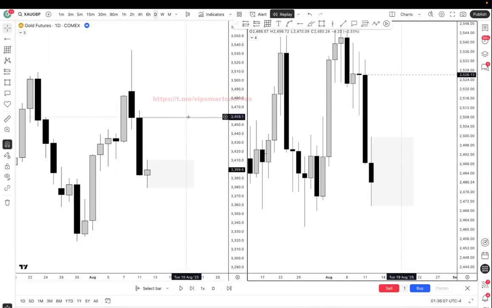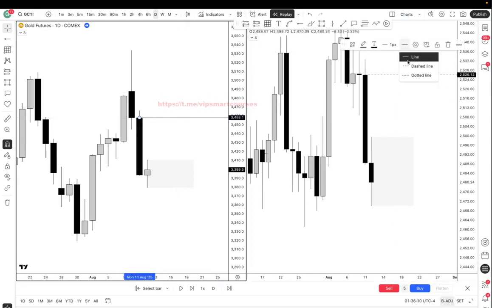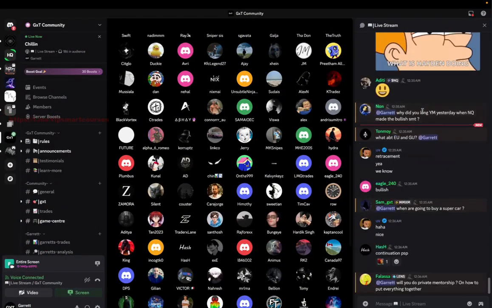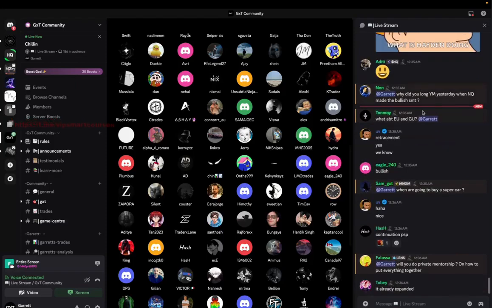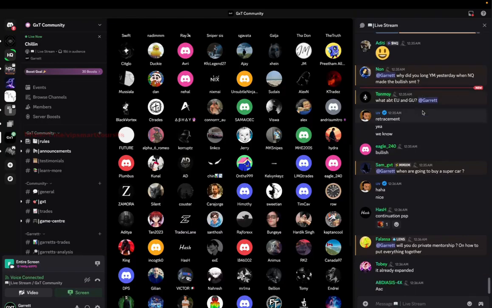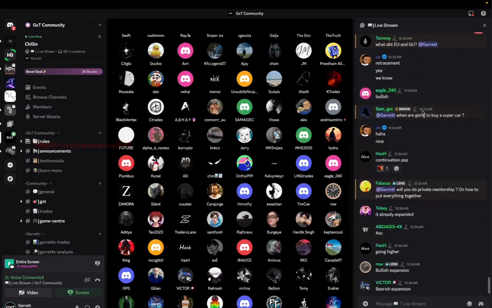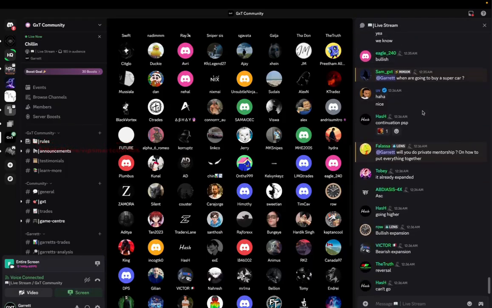And what did it eliminate the possibility of at this point? Who can tell me? It already expanded, yeah, but what is it eliminating the possibility of? Going higher. Yeah, bullish expansion candle, exactly.